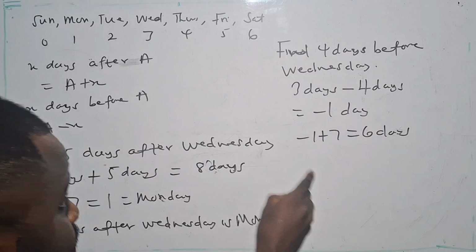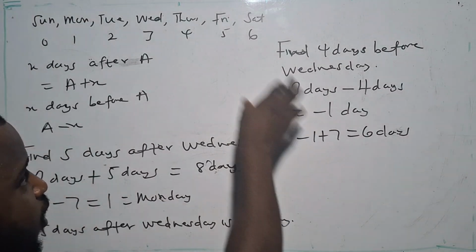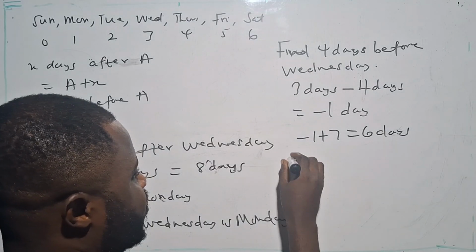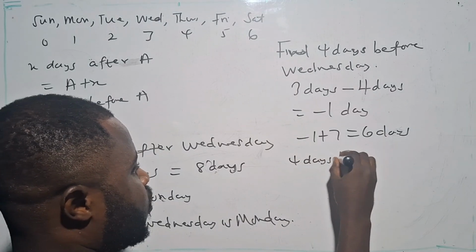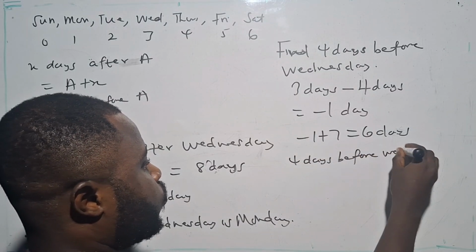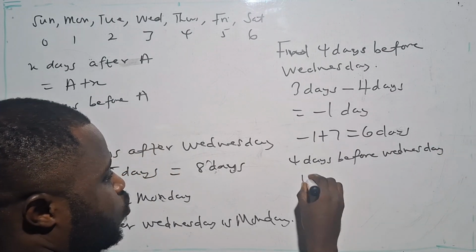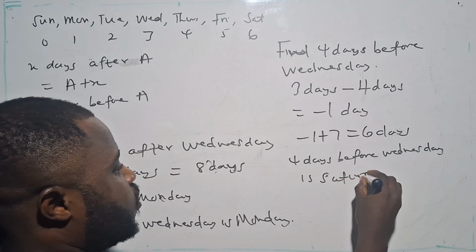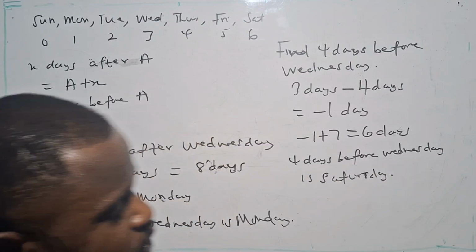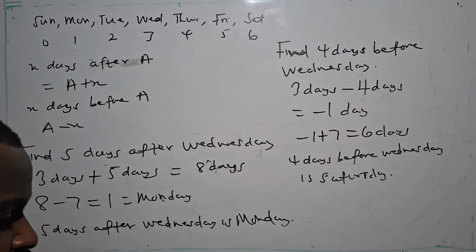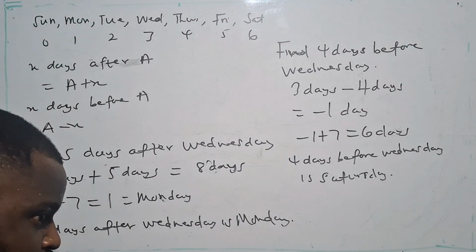So number 6 on the days is Saturday. So 4 days before Wednesday is Saturday, which makes sense.